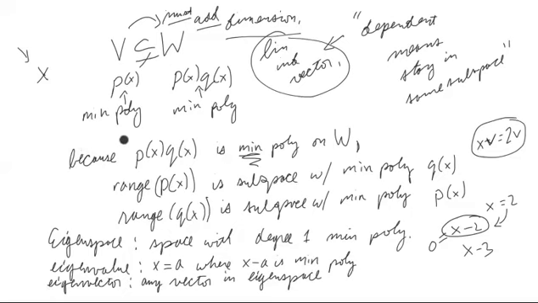Now, if P of X times Q of X is the minimal polynomial on a space W, then that means that the range of P of X is a subspace with the minimal polynomial Q of X, the other one over there, all right? That's because a minimal polynomial is minimal.